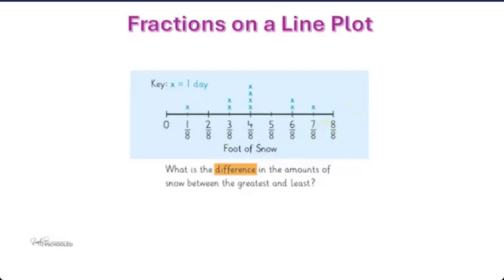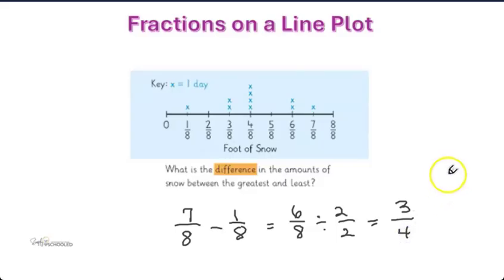So you would use 7/8 as your greatest, and then you would subtract the smallest, which is 1/8. So the answer would be 6/8, because 7/8 minus 1/8 is 6/8. And again, we can simplify by dividing by 2/2, and the answer would be 3/4.